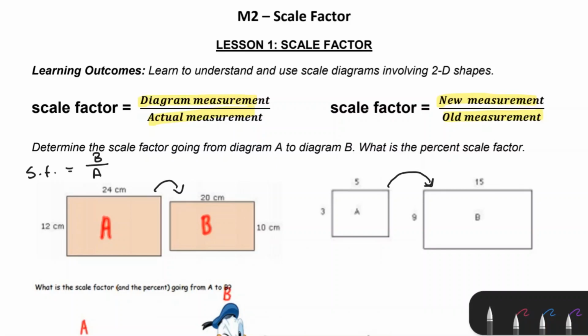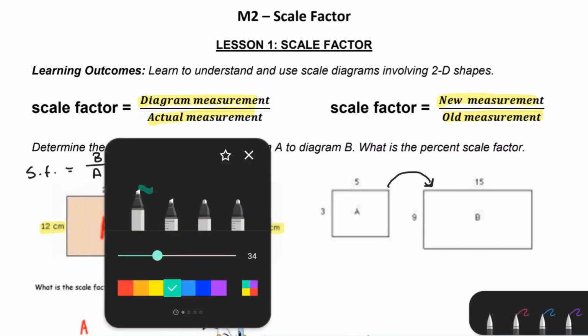And when I say value, I need to make sure I'm comparing like things. Think about the idea of how would A and B be similar shapes? If I'm comparing this 12 centimeter length of this rectangle, I want to compare that to the 10 centimeter length of B because that's the short side on both of these rectangles.